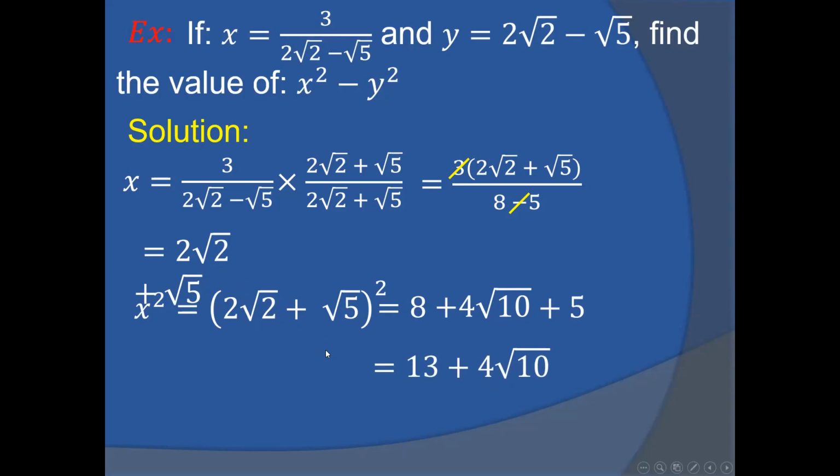So the answer will be 13 plus 4 root 10. y squared equals 13 minus 4 root 10, because x squared and y squared are conjugates when x and y are conjugates. We said before, if x and y are conjugate numbers, then x squared and y squared are conjugates.